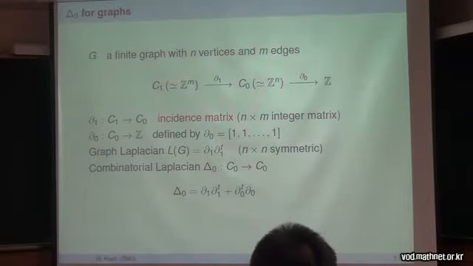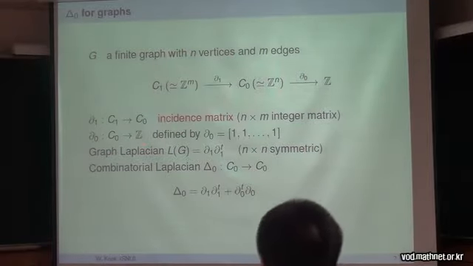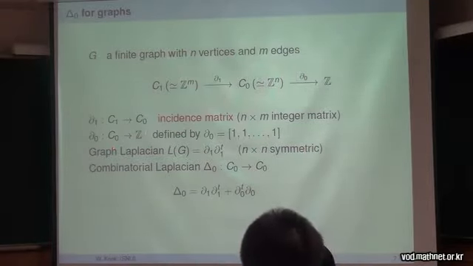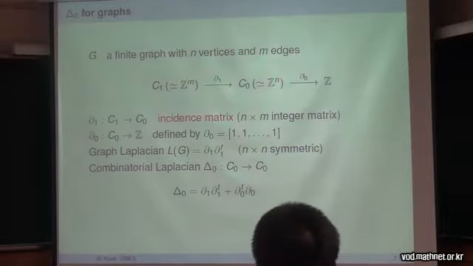But the combinatorial Laplacian, on the other hand, uses not only the graph Laplacian, but also the down-up portion of the combinatorial Laplacian, which is constructed by del 0. But del 0 is simple enough to see what actually happens in this case.